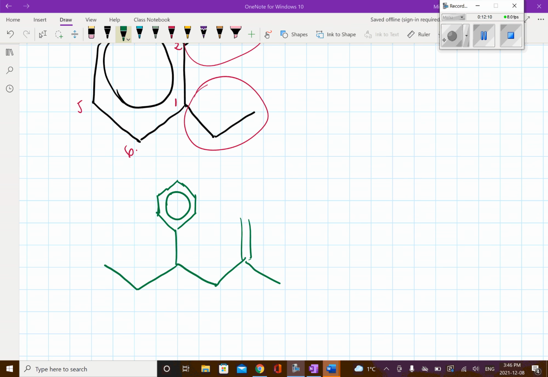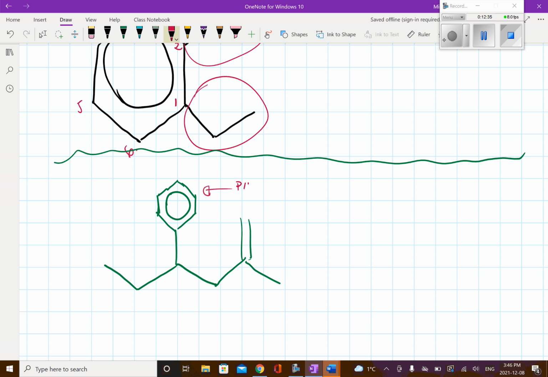So let's suppose that we have this as a structure now, and we start numbering carbons first. We notice that we have a double bond here, so a double bond has to be in the main chain, and we notice that the benzene ring is a branch, so this will be phenyl.